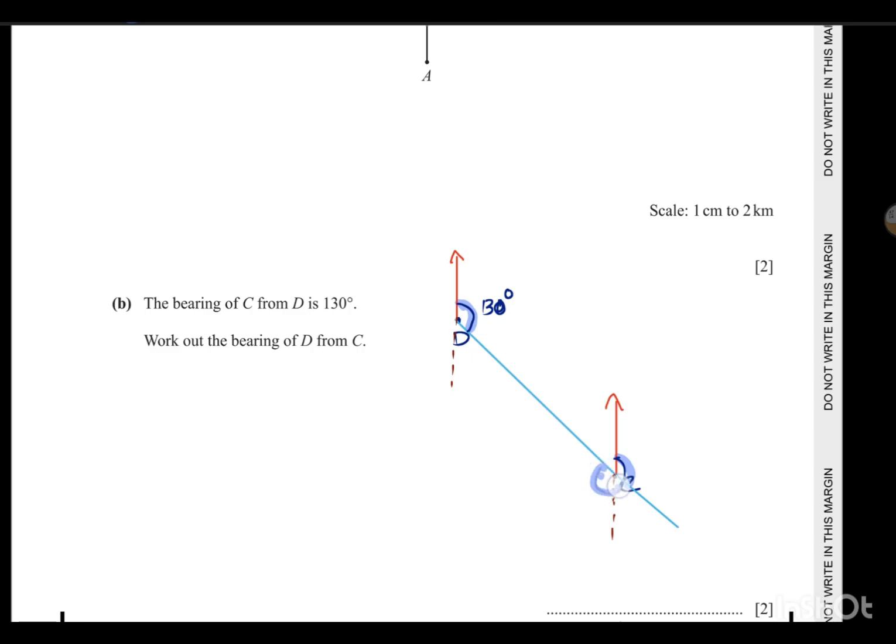And then this remaining angle is a straight angle because you can see that it's on this line. So you have to just add this angle, 130, plus this 180. You will get the answer. 130 plus 180 is equal to 310 degrees. So this is the bearing of D from C.